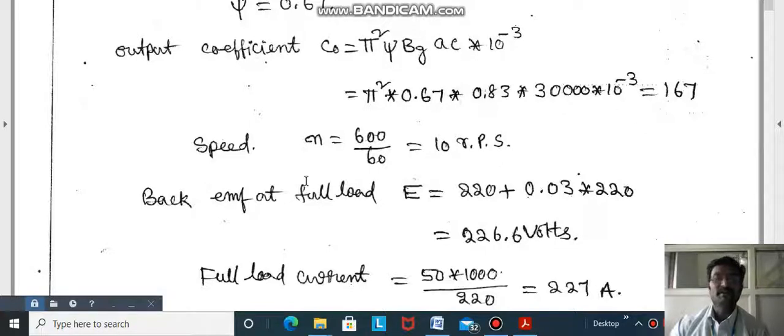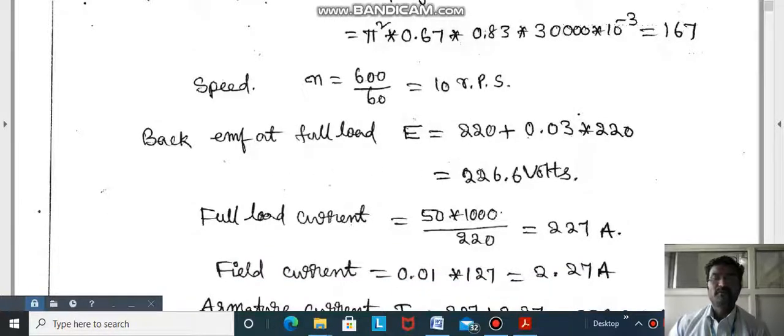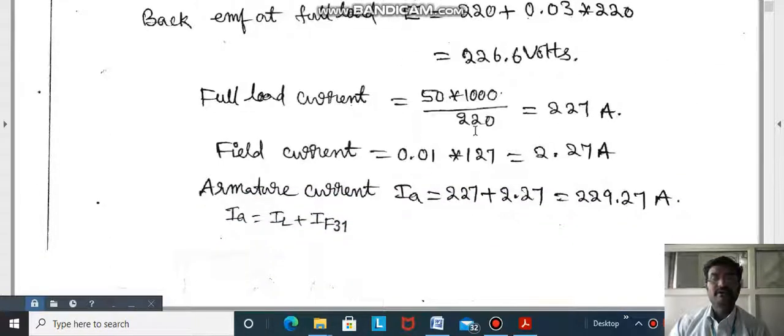From this equation we found n is equal to 10 rps, from 600 by 60. Back EMF at full load is 220 plus 0.03 multiplied with 220. So E is equal to 226.6. Okay, full load current is 50 into 1000 divided by 220, we will get 227 amps.